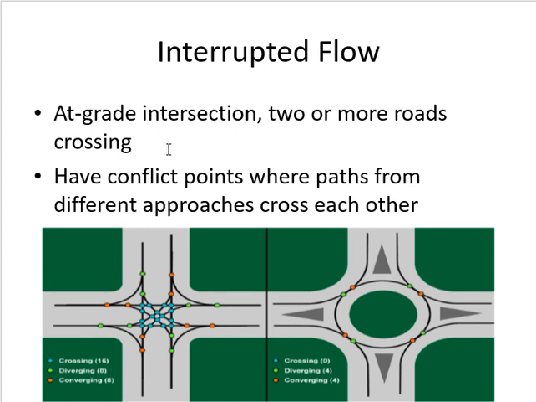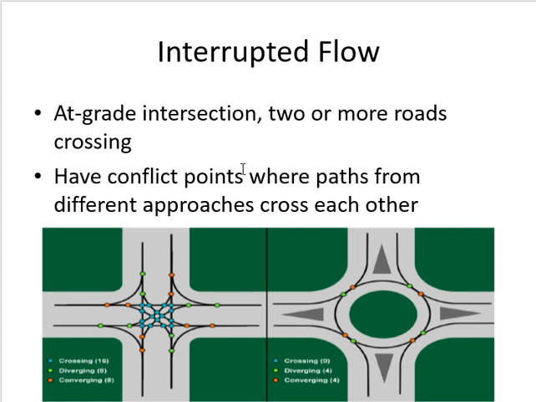So interrupted flow happens, as I mentioned, at intersections. We call them at-grade intersections as well, because both roads intersect at the same level. It can happen between two roads, or it can be between more than two roads as well. Okay, two roads is more common.